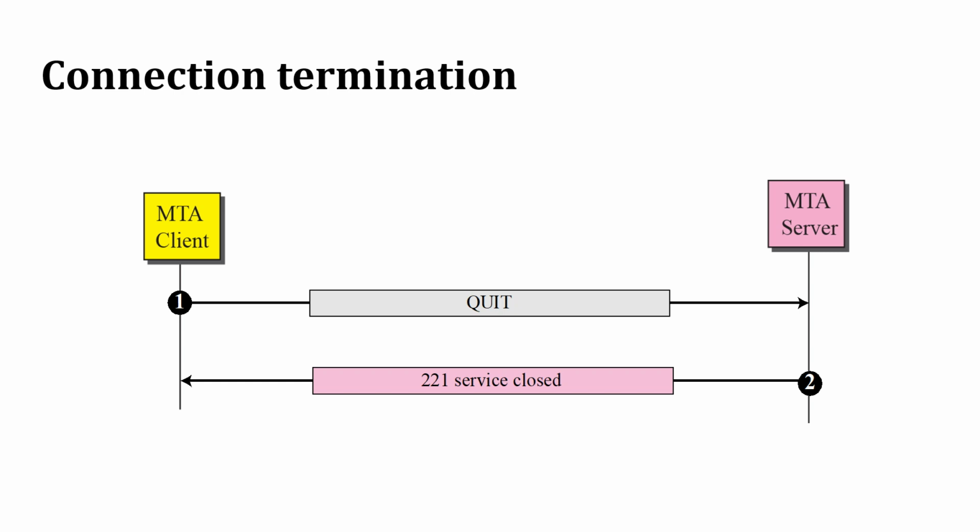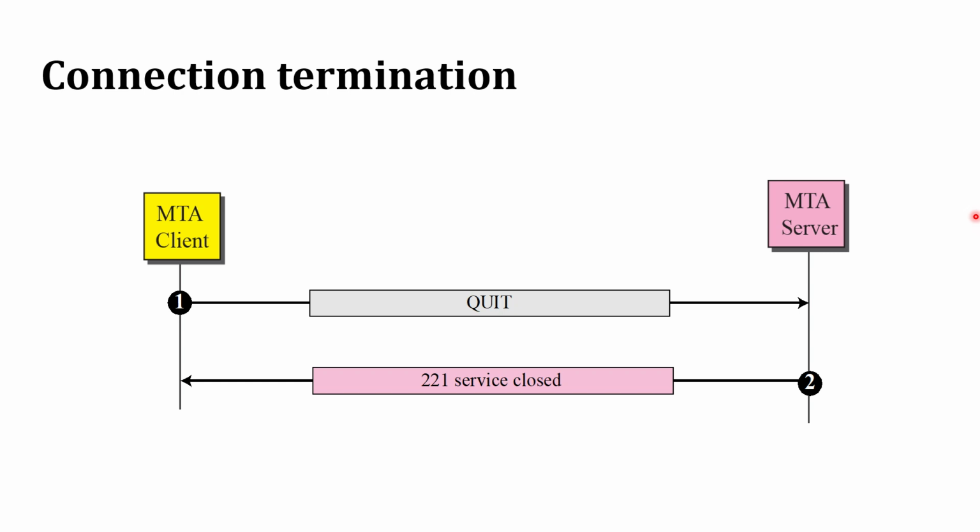Once the message has been successfully transferred, the SMTP client terminates the connection with the server. The client sends the quit command to indicate that it has finished sending mail. The server responds with the status code, usually 221, confirming that the session is ending.